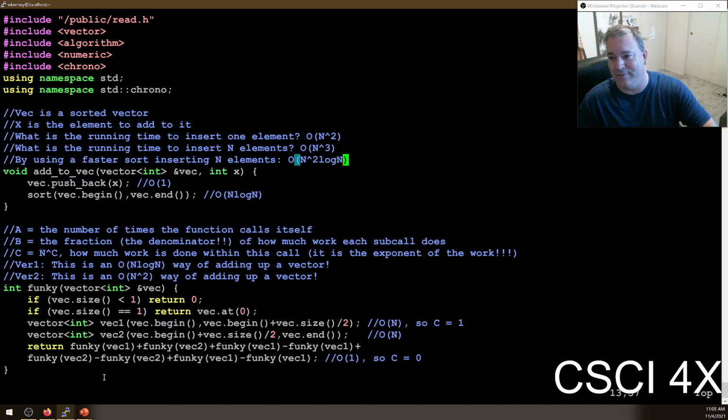Is there a faster way of doing this? Yes. Now, you might say, well, just do all of the pushbacks and then sort it once at the end.